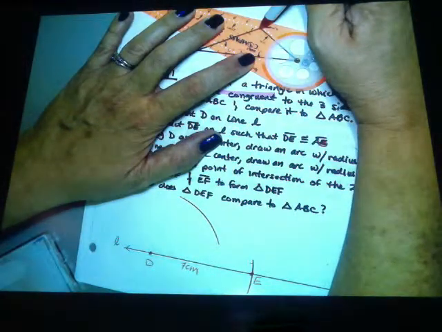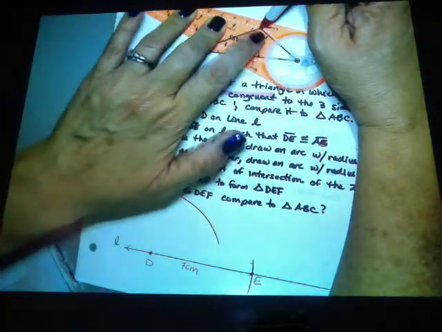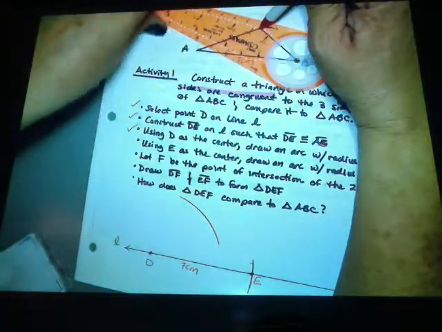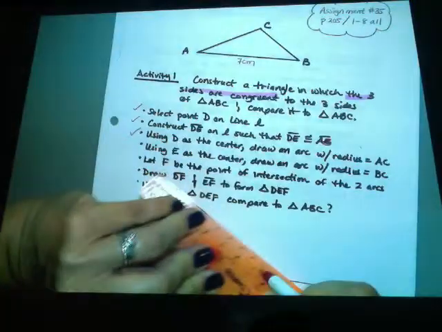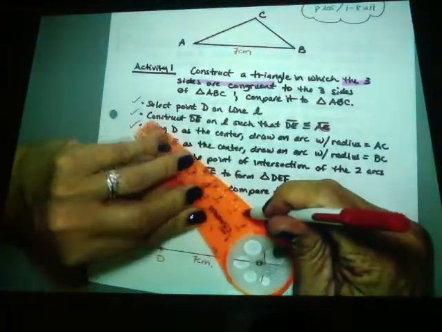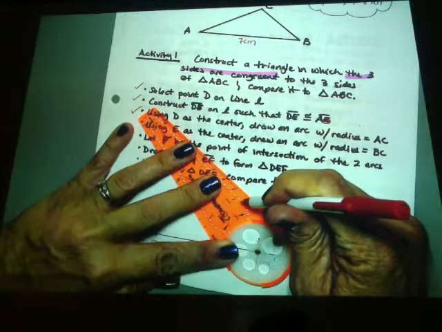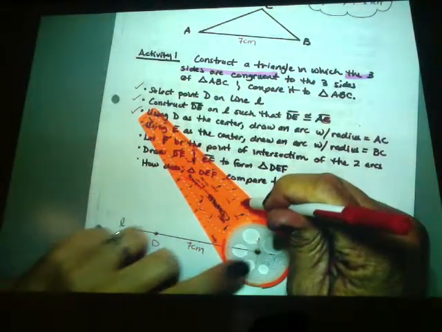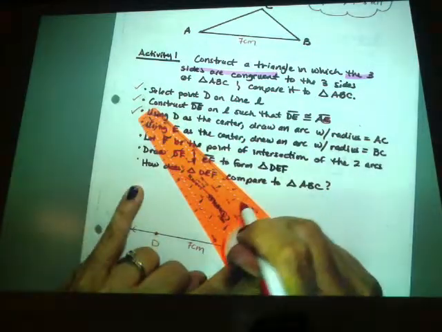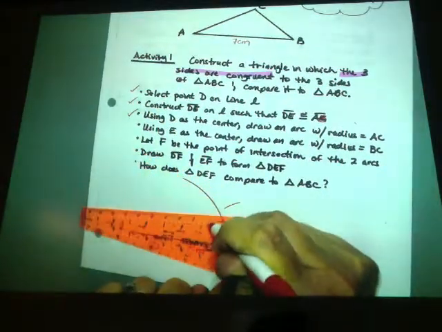Open it up, make sure it goes from here to here. Then you're going to take your compass down here to E and put the brad at E. Right? Put your finger at E and make that arc till it intersects with the other arc.